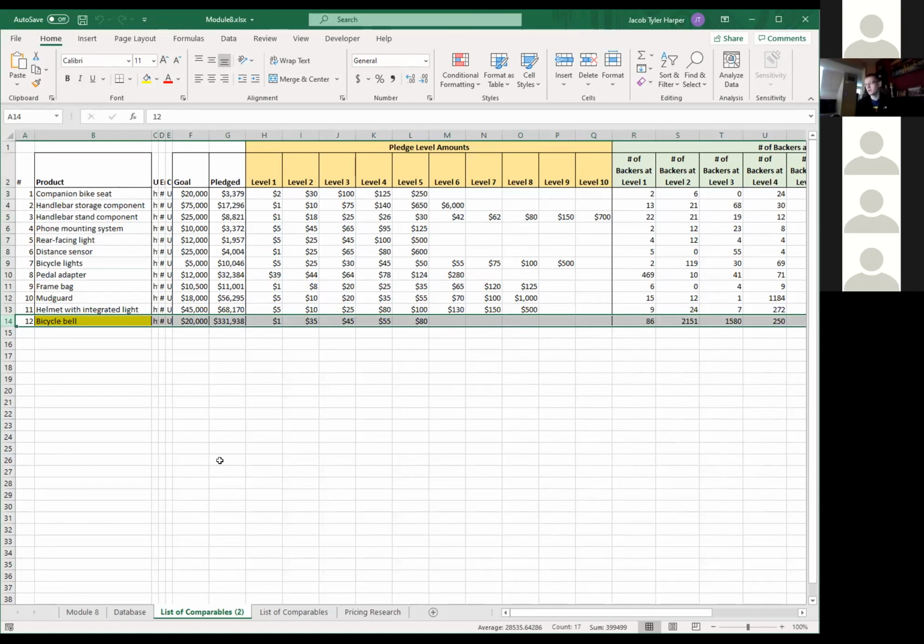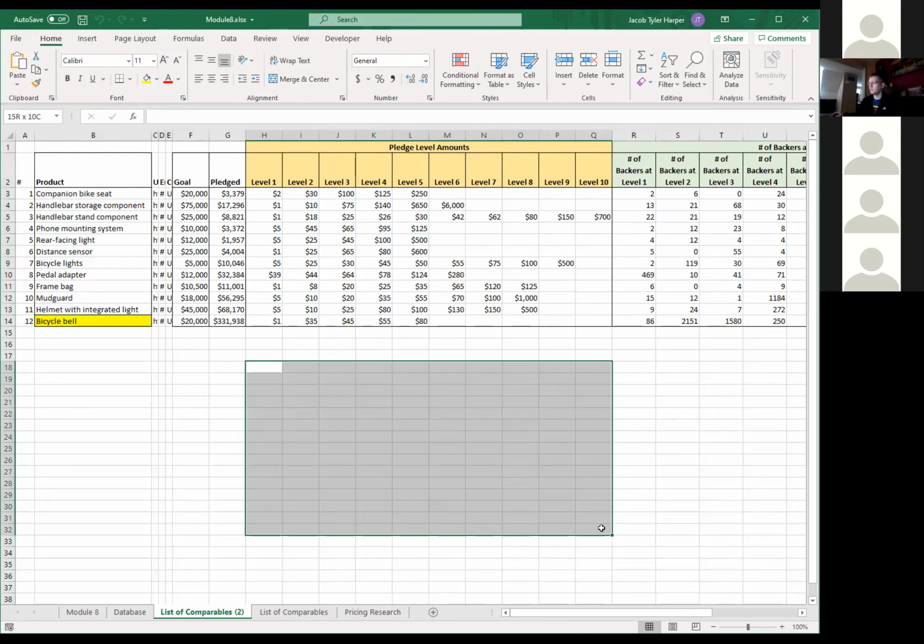But I just want to point out, whenever it asks you a question, you might as well do it for all 12 of these products, because it's just dragging anyway, for one. And second of all, when you get to the homework, it's going to ask you about these other 11 products. So even though it's just asking about this row, give yourself enough room to answer it for all 12 rows.